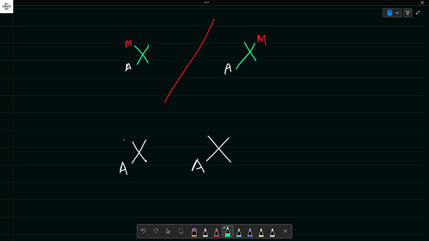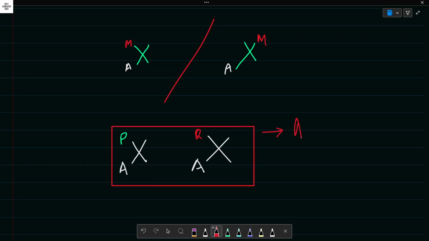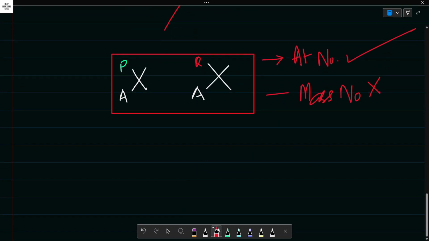Let us say one mass number is P and the other is Q, then they are called isotopes. So what are isotopes? Isotopes are the species in which atomic number is the same, but mass number is different. This is isotopes.